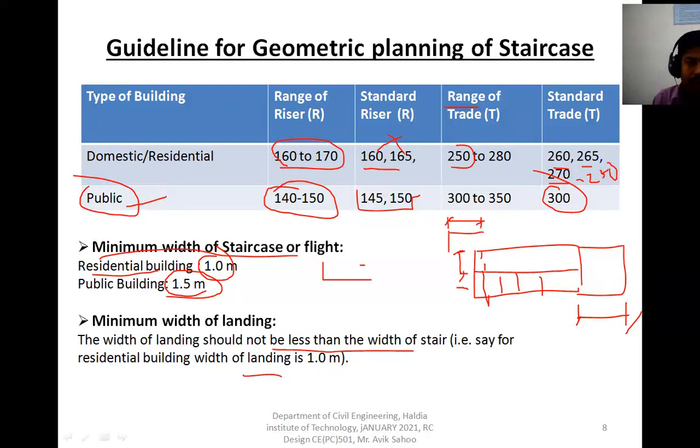It means that in public building, if I consider 1.5 meter is the width of flight, then width of landing is either equal to 1.5 meter or more than 1.5 meter.